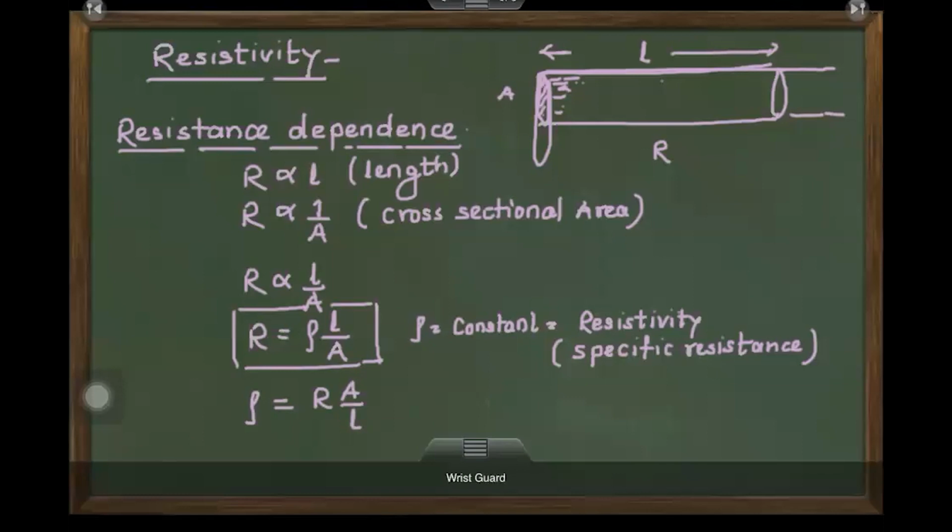But actually, resistivity comes before resistance in any resistor. Okay, the more fundamental property is resistivity, not resistance. Resistance arises because of resistivity. The resistance is due to resistivity.